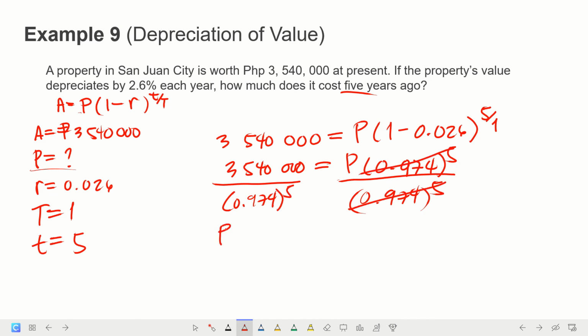So P is equal to 3,540,000 divided by this one. So, let us first find the value of this. 3,540,000 divided by 0.8765.